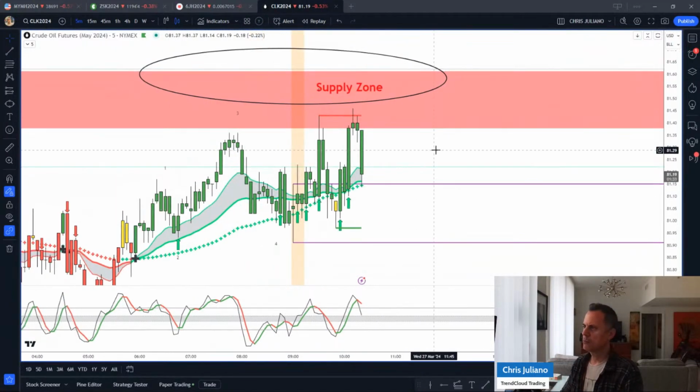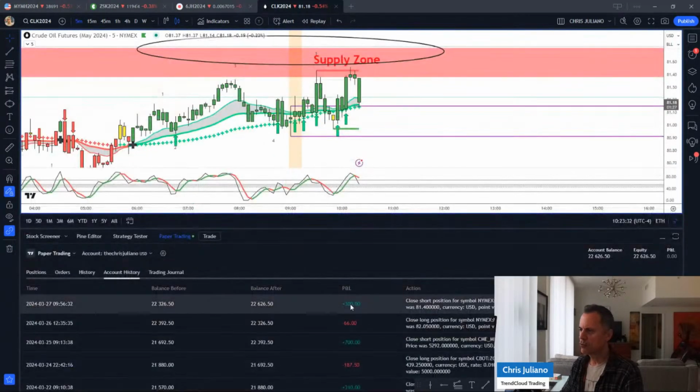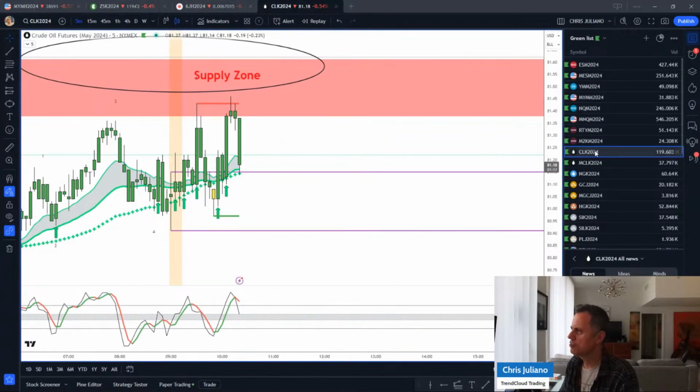So, crude oil right now, we made that $300, right? We grabbed that $300 base hit. News was the catalyst. We had some news come out. And if you want to get to the news, just go to the symbol, right? And scroll down and look for the latest news. 26 minutes ago, here's crude oil.